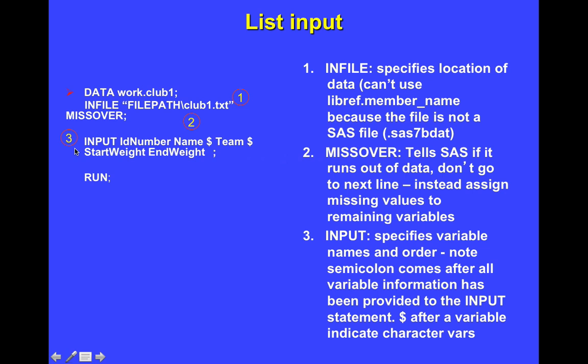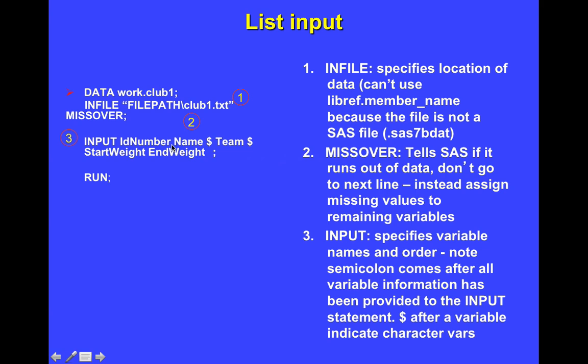And here we have next an input statement, and the input statement simply tells SAS the variables that you want to input. So in this input statement, you need to specify the names of the variables, and these are user-defined names, so you can define them however you like. You'll need to have some information from a code book that the data manager would provide to you that gives you information about what the variables actually represent.